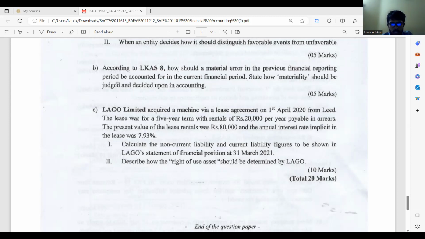In the second question, they ask you to describe the right-of-use asset determined by Lago. Easy question. I told you how to determine the ROU asset: the lease liability should be there initially. Let's say there is a down payment, not given in this case, let's say 50,000.